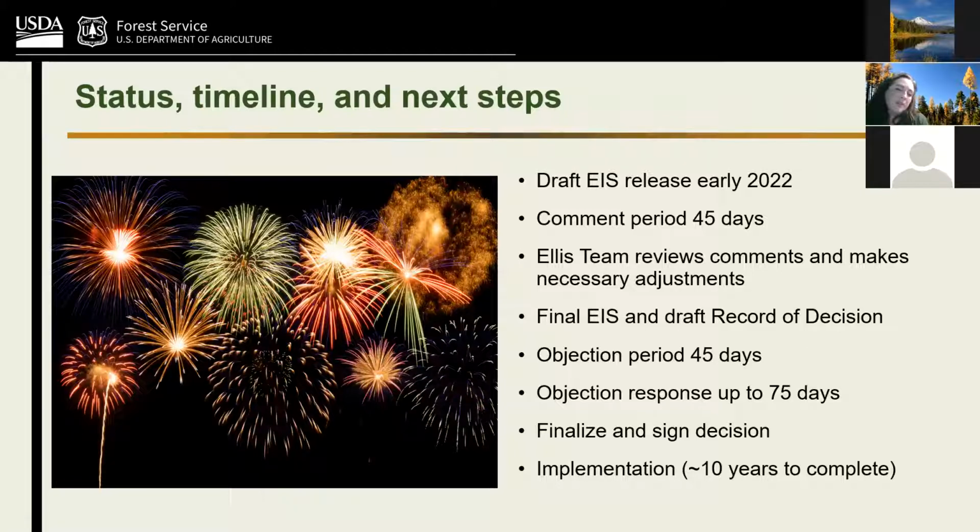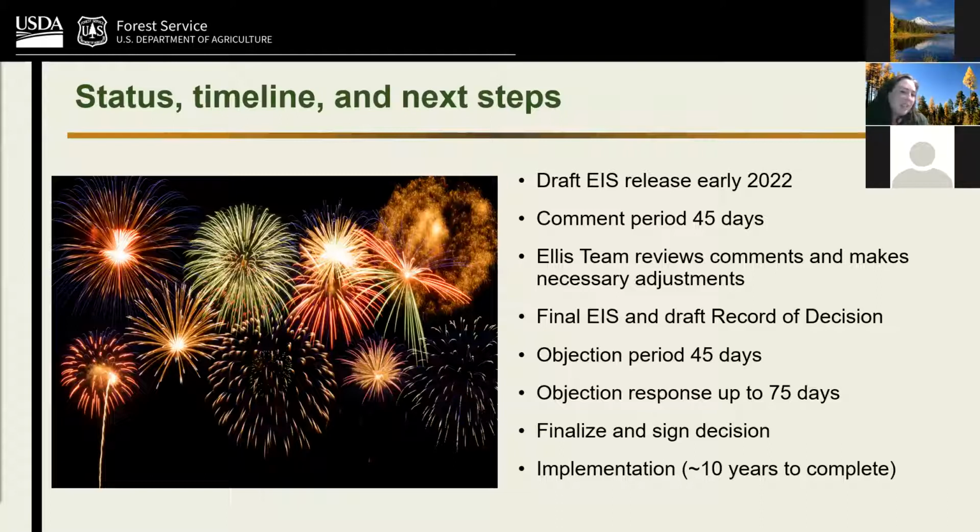And those recommendations are sent to, in this case, Eric Watrud, the forest supervisor of the Umatilla National Forest, and he will help in how to move forward in finalizing the record of decision. So all that takes place.